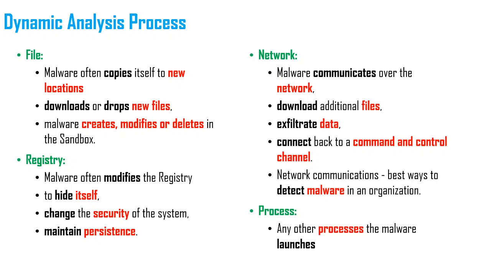So we have to make a note of how the malware is actually going to communicate over the internet. Regarding the network, if a malware communicates over the internet, the purposes are downloading additional files, exfiltrating data, and connecting with the command and control servers, C2 servers.